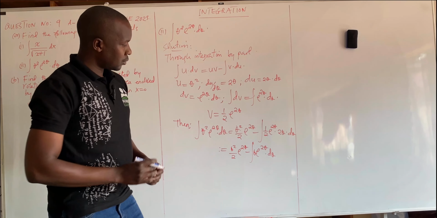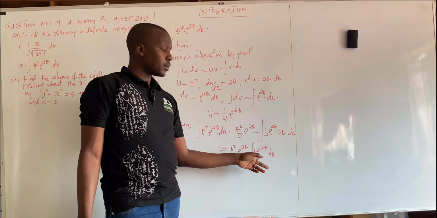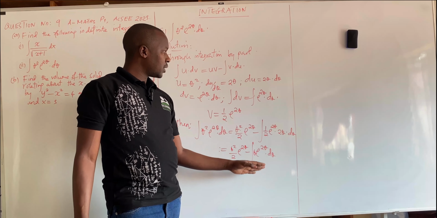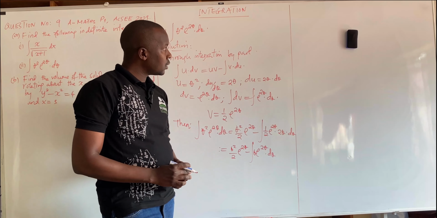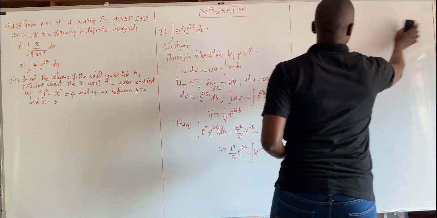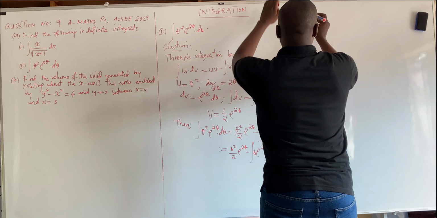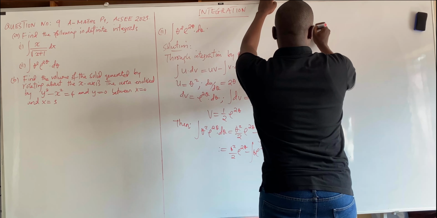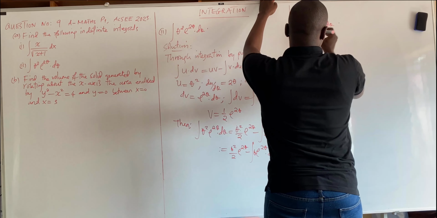So from there, we still have this algebraic function in combination with the exponential function. So again, we go back for integration by parts. Then we come to combine with this one. So from there, we can say also, for this one, integral of theta e of 2 theta d theta.